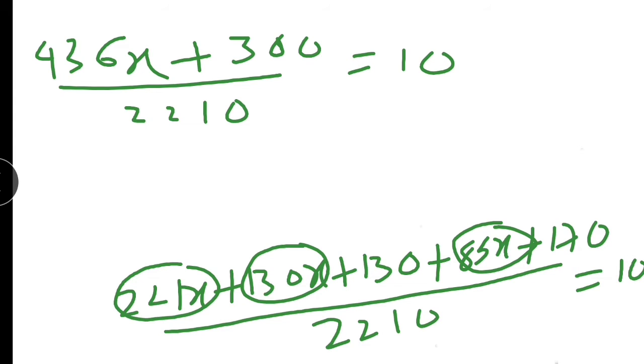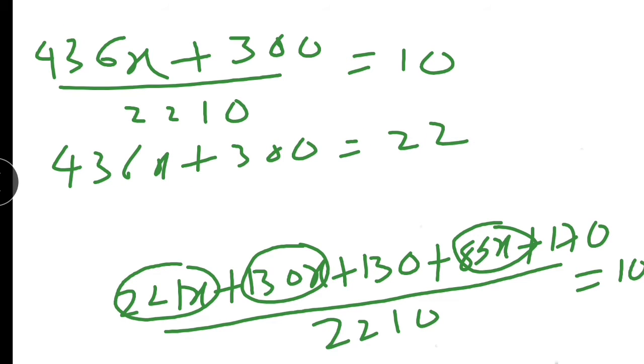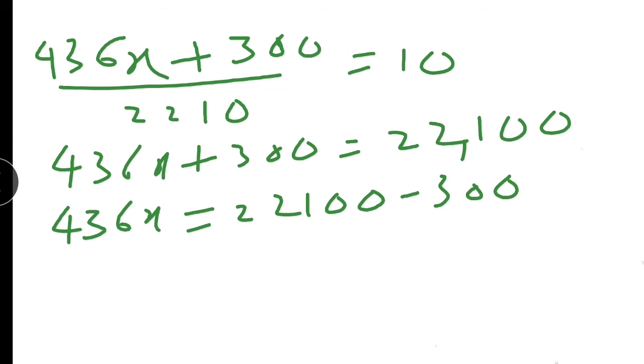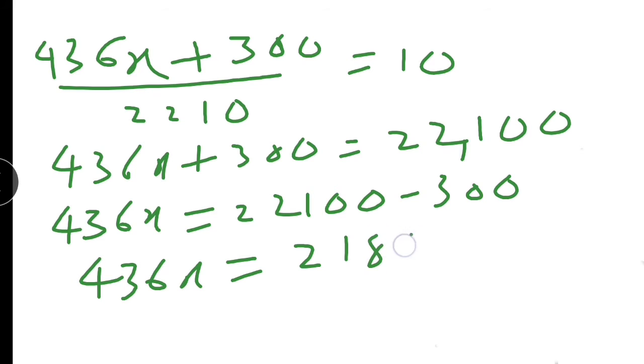So now 2210 transposes to the RHS side, plus 300 equals to 22,100. Now 436x equals to 22,100 minus 300. 436x equals to 22,000 minus 100, 21,800.